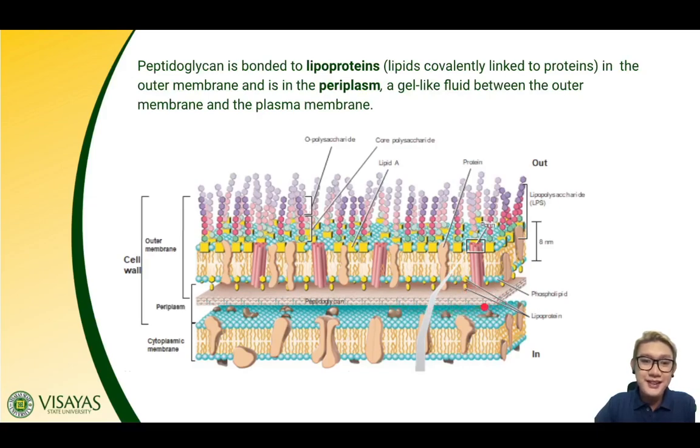The periplasm is the gel-like fluid between the outer and the inner membrane or the plasma membrane. So this gel-like fluid here, where the peptidoglycan layer is embedded, is the periplasm. But what connects the peptidoglycan to the outer membrane are molecules called lipoproteins. And you have here the lipopolysaccharide component.